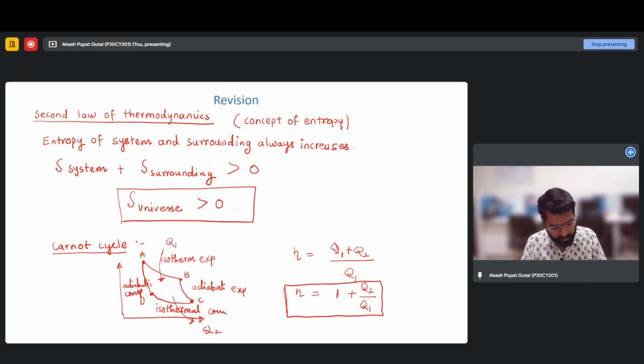When you put the proper sign, the eta value will be less than 1, and it can also be written as, suppose this is the temperature T2 and this is T1, the efficiency can also be defined as 1 minus T2 by T1.